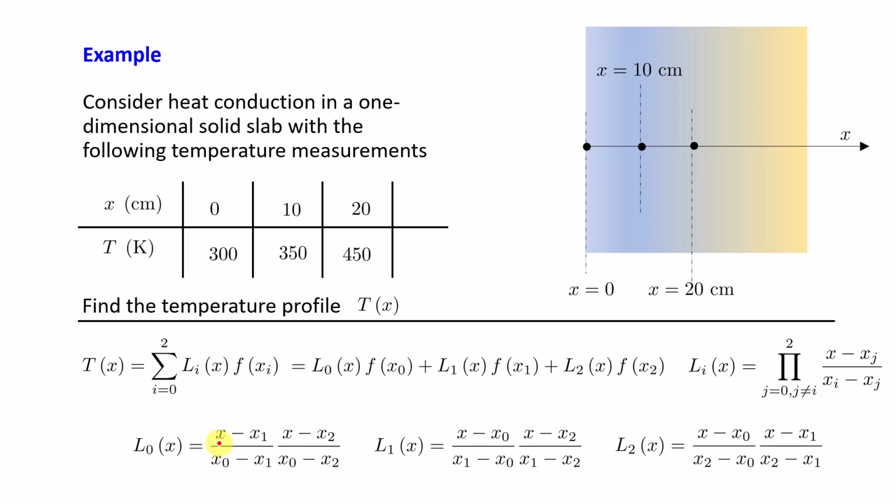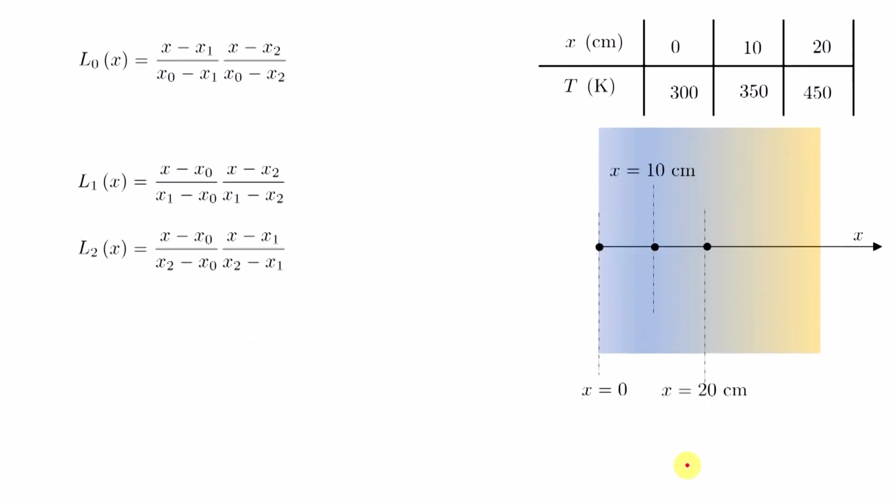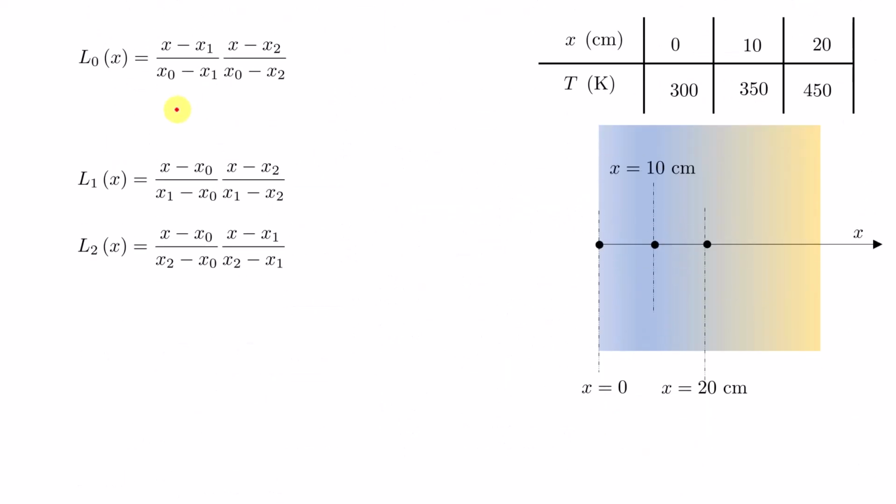L0 is (x minus x1)(x minus x2) divided by (x0 minus x1)(x0 minus x2). Similarly, L1 is (x minus x0)(x minus x2) divided by (x1 minus x0)(x1 minus x2), and so is L2. So now we will figure out what L0, L1 and L2 are.